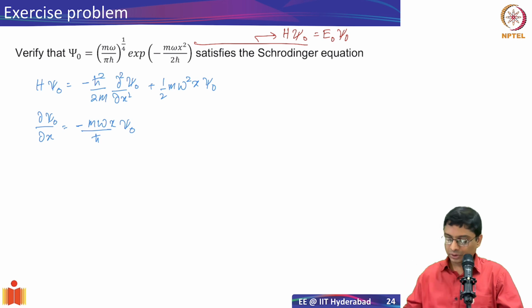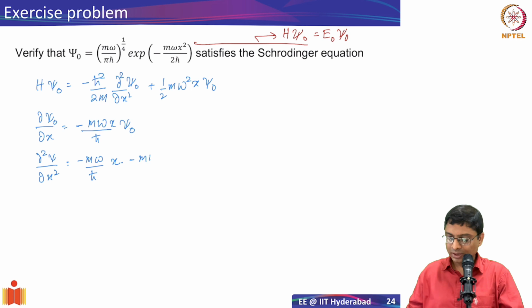Now the second derivative is going to be what? Dou square psi by dou x square is going to be equal to minus m omega by h bar into x into dou psi naught by dou x. So this will be minus m omega x by h bar psi naught. This is the first term. The second term is minus m omega by h bar.